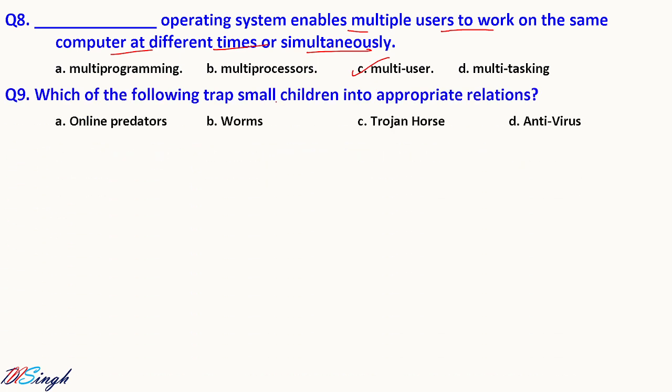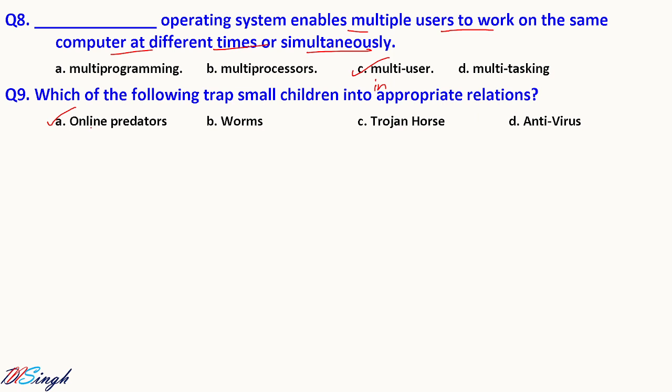Which of the following trap children into inappropriate relations online? That is called what? Online predators. So these type of people you have not met physically, but they show themselves as friends or a very good person online, and whenever you fall in the trap of those people, they have the malicious intention or wrong intention to harm you.